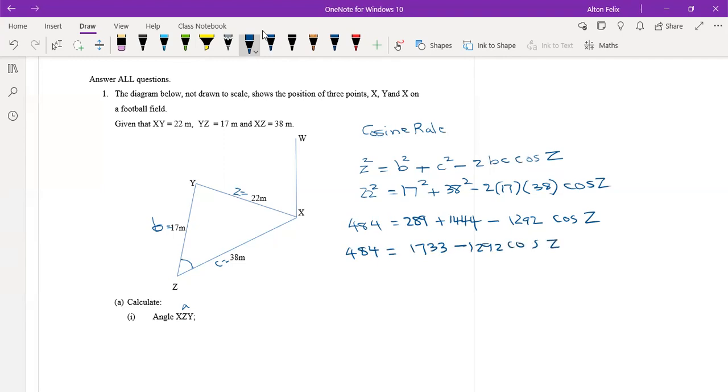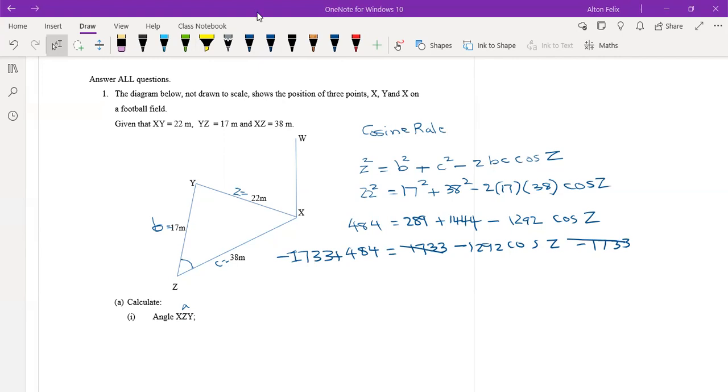Okay, so let's subtract 1733 on both sides. Why are we doing that? Okay, so we want to cancel out this. So 484 minus 1733, let's work out that. 484 minus 1733 or minus 1733 plus 484, same working, right?